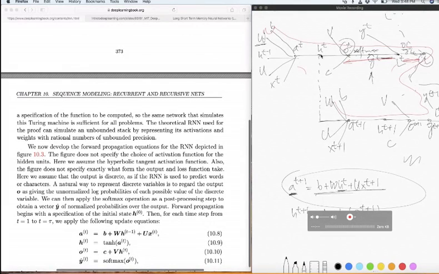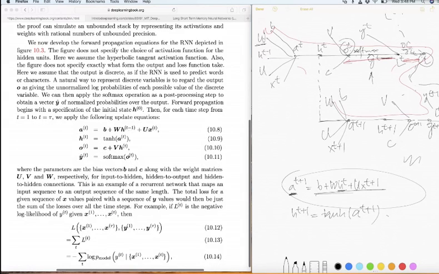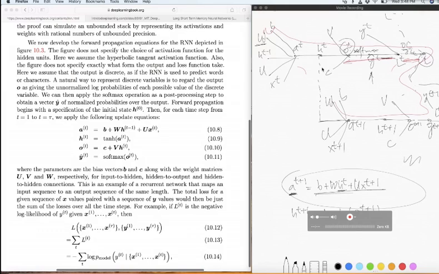HT goes into the T plus 1 layer, and you use this HT to compute AT plus 1, right? As HT minus 1 is used to compute AT, HT will be used to compute AT plus 1.